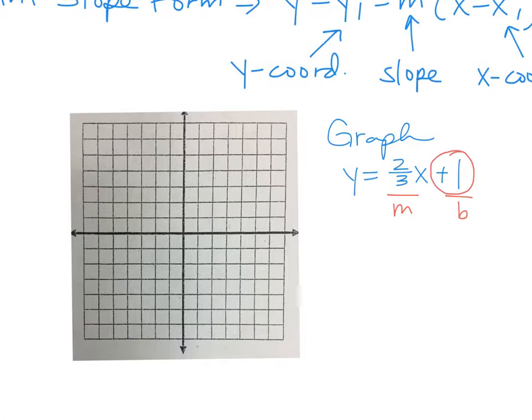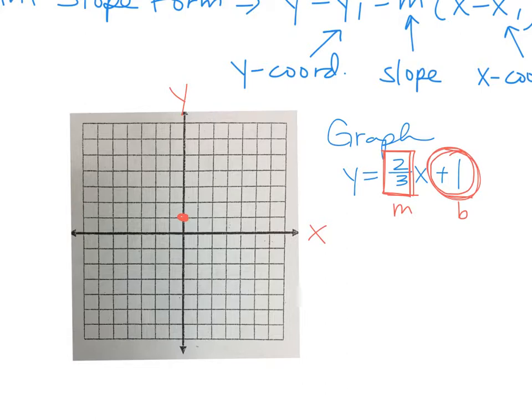Which one's our y-axis? The vertical or the horizontal? The vertical. This is our y-axis. This is our x-axis. So if we're looking for a y-intercept, that's where does this 1 hit my y. So what you're going to do is you're going to go up 1 on the y-axis, and that point right there is then your y-intercept, okay? From there, now you can move your slope. So your slope is 2/3. Do you remember, do you go up and down first or left and right first?